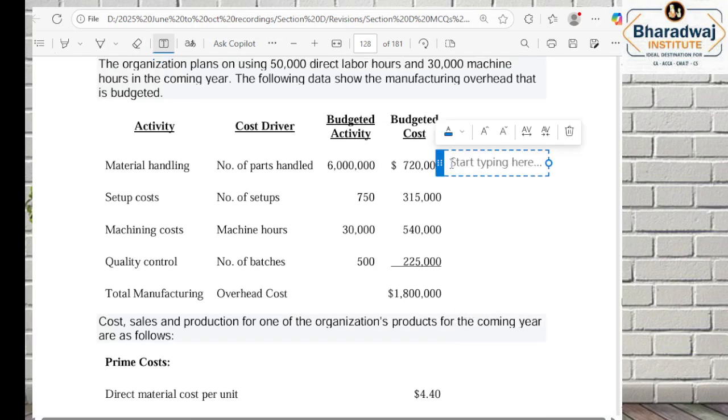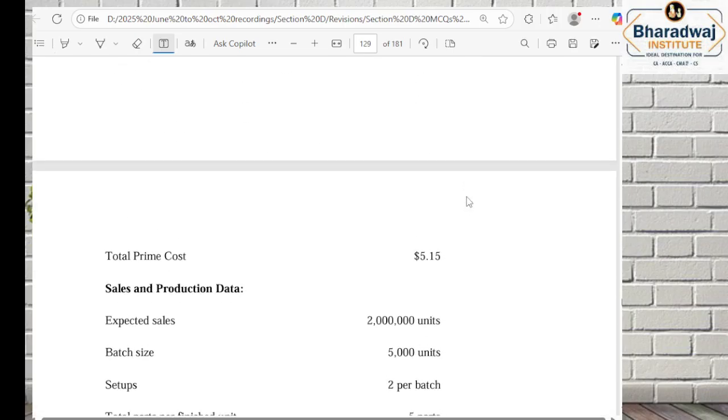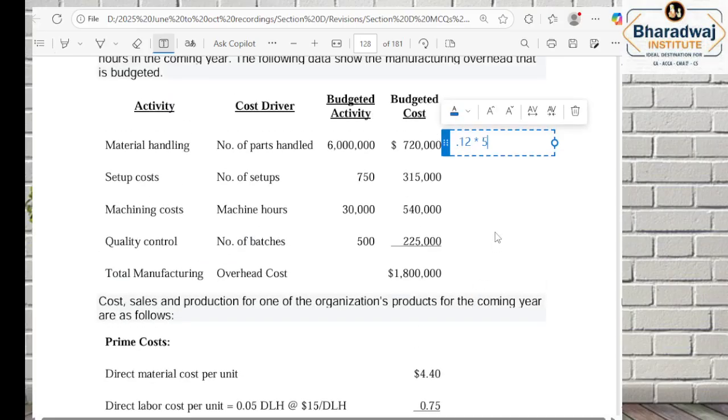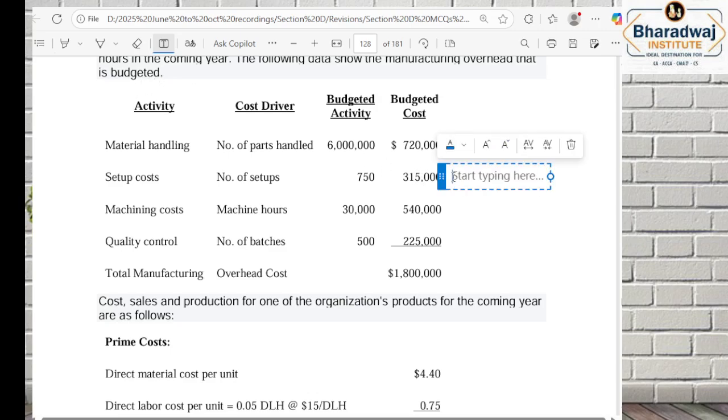First let us work out the cost driver rate. 7 lakh 20 divided by 6 lakh gives 0.12. 0.12 into 5 parts in the material gives 0.64 for the number of parts. Setting up cost: 3,15,000 by 750 is 420.